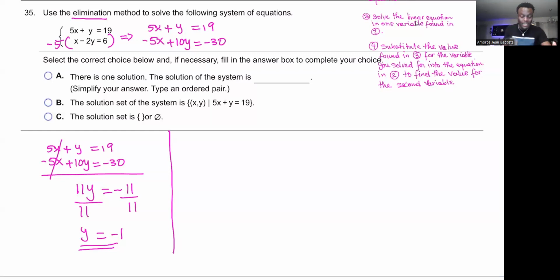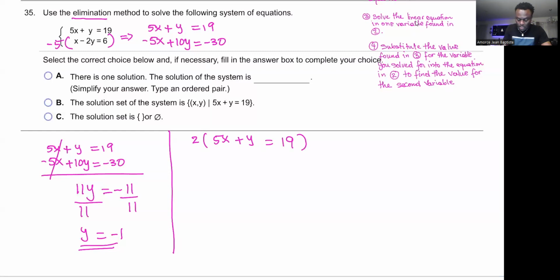So multiply the top by 2. So that is 2 times 5x plus y equals 19.